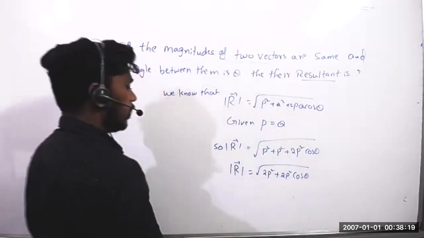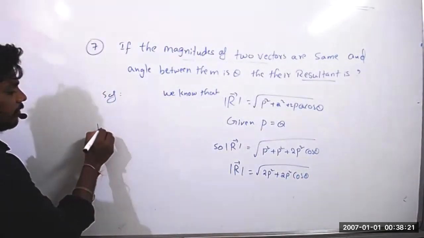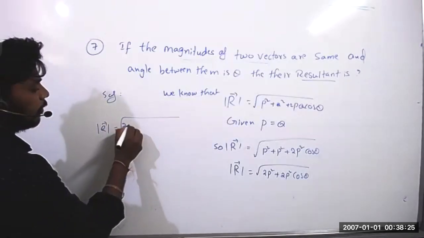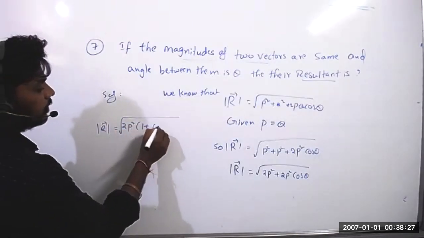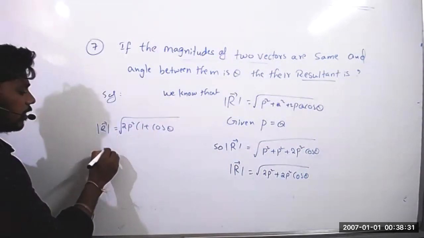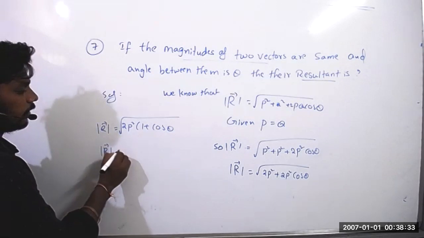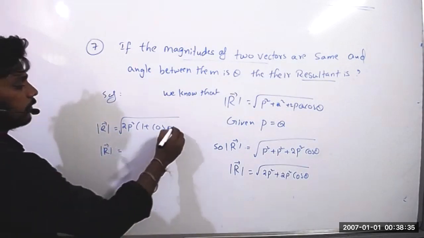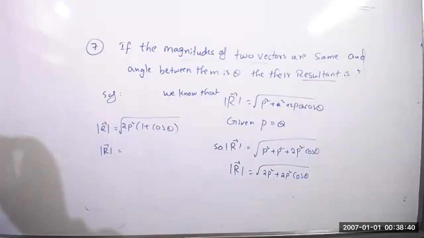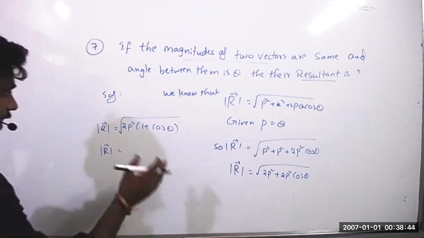Again that equation I will write: R bar equal to root of 2P square common, I took 1 plus cos theta. Again R bar equal to P, I can take P outside, right? Because its square will get cancelled.